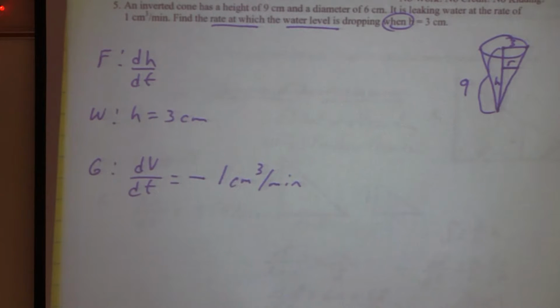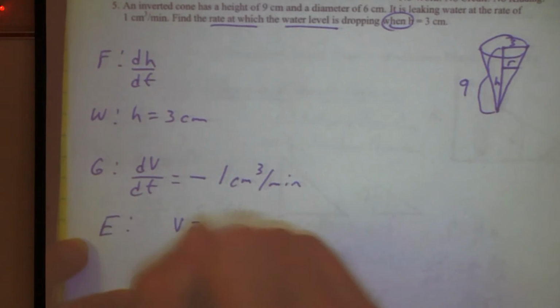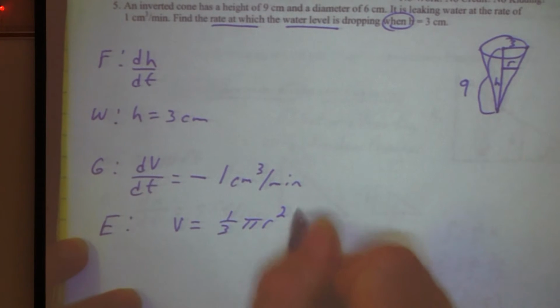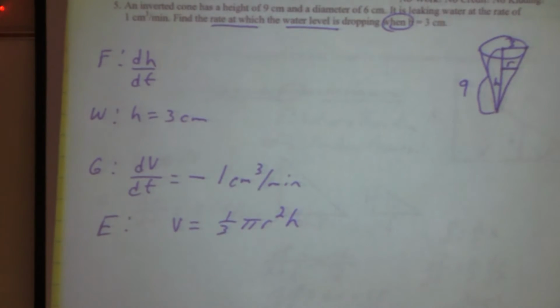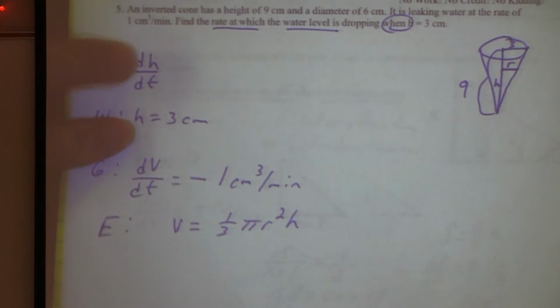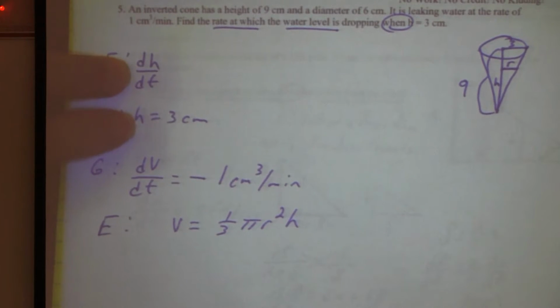What equation would we use? The volume of a cone. Good. So volume equals 1/3 pi r squared h. Let's look at our problem and what we are solving for: dh/dt, and what are we given? h.